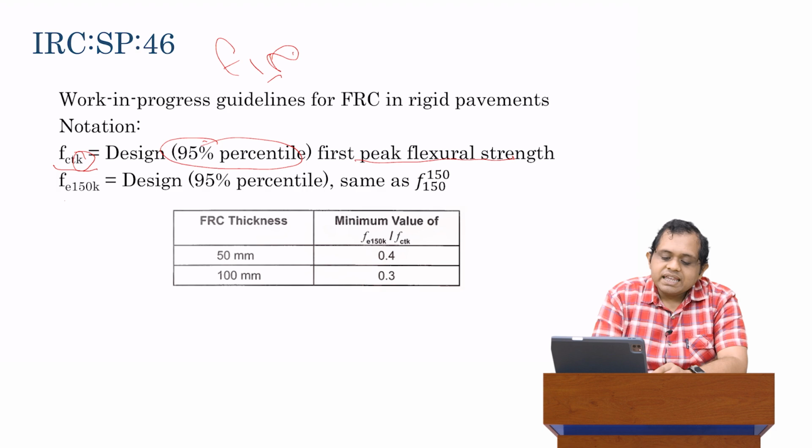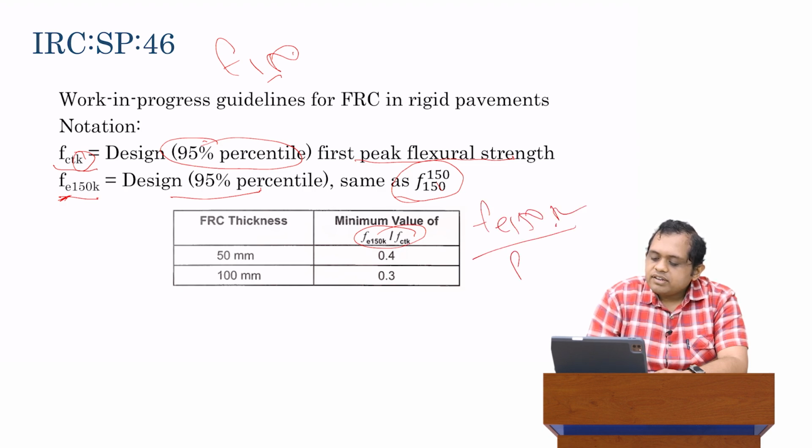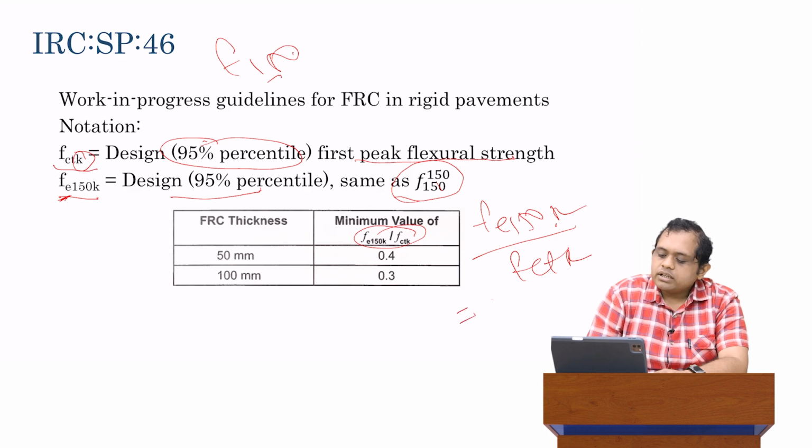And then FE150K is the 95th percentile to use as the design value. This is the same as F150 over 150. And so FE150K divided by FCTK is what we were previously calling this R150, the residual strength ratio.